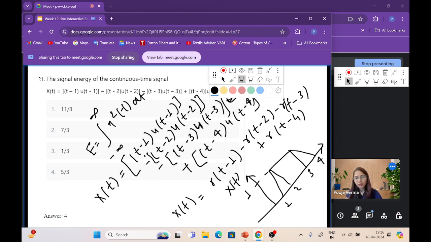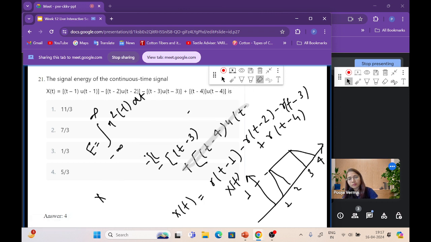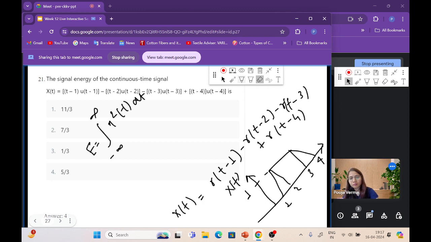Okay. Now after solving till now, we need to find the energy of that signal. So I'm removing it from here and writing it. So already we know the energy of that signal. Now from the plot we can see what will be the area.